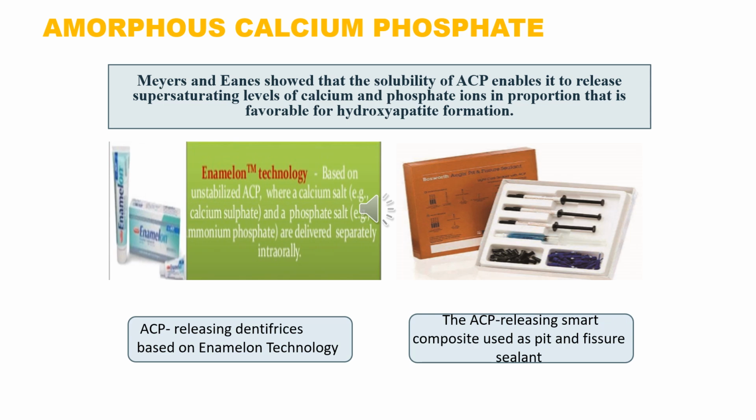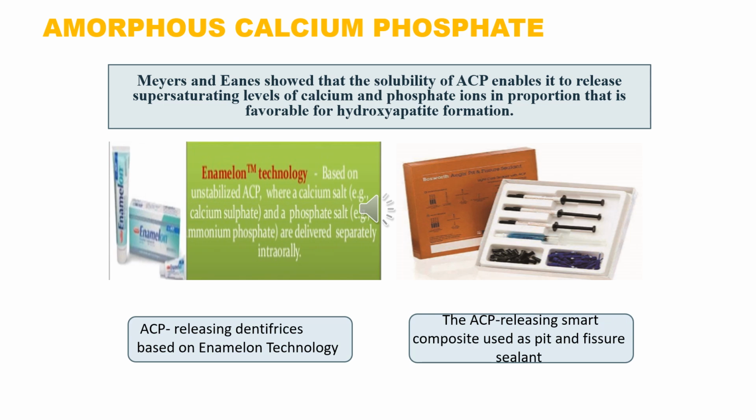This is a very enhanced property of the ACP CPP complex that prevents dental caries occurrence, but it has one disadvantage. The amorphous calcium phosphate is unstable in nature. So, if we want it to be sustained in the environment, we need to add some CPP to it.